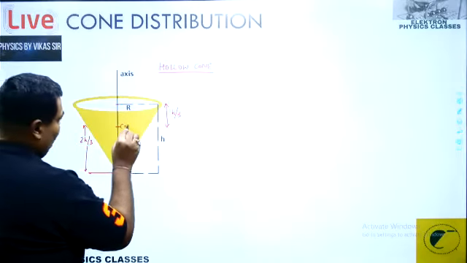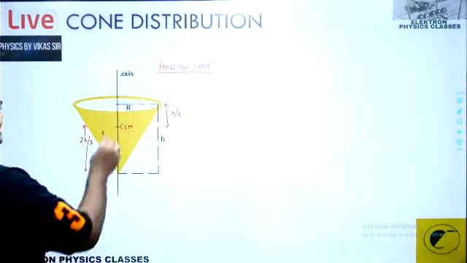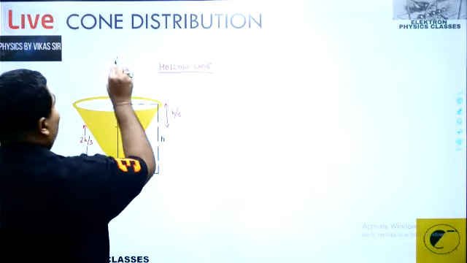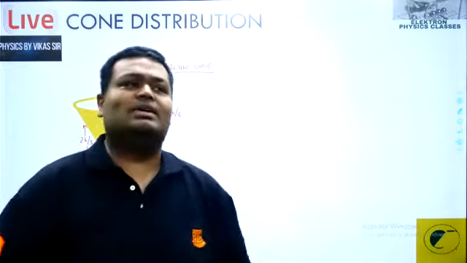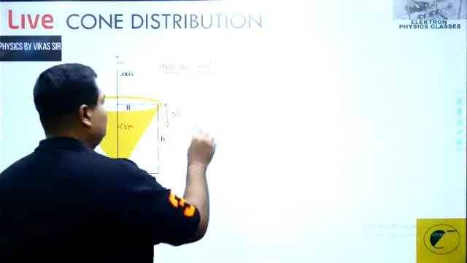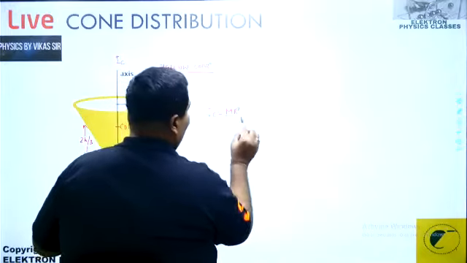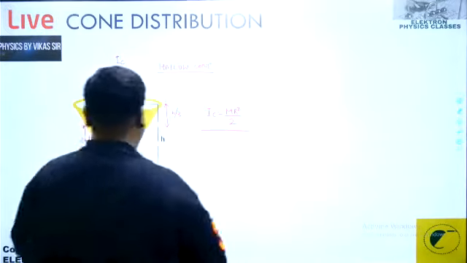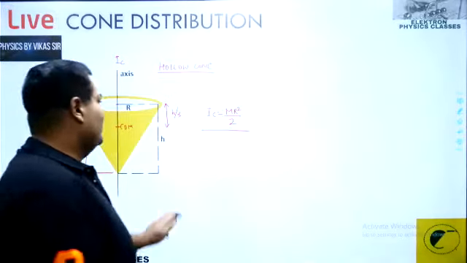That will be the location of the COM. About this axis, which passes through the center of mass, so that's a centroidal axis, the moment of inertia is equal to mr square upon 2. That's the moment of inertia for the hollow cone, that is, a conical shell.